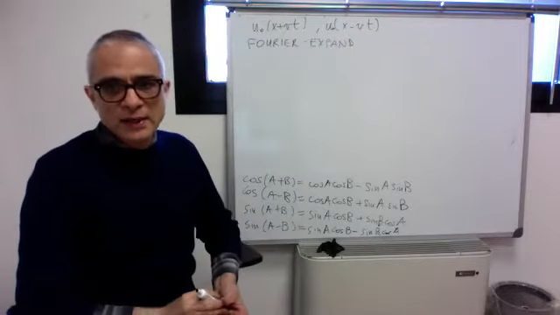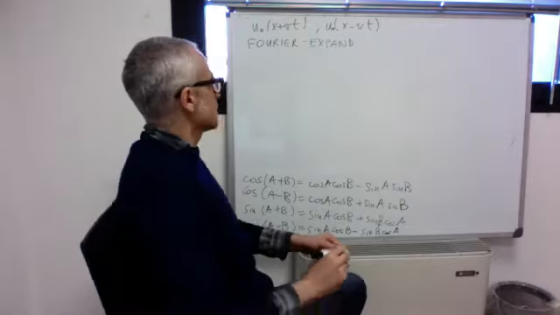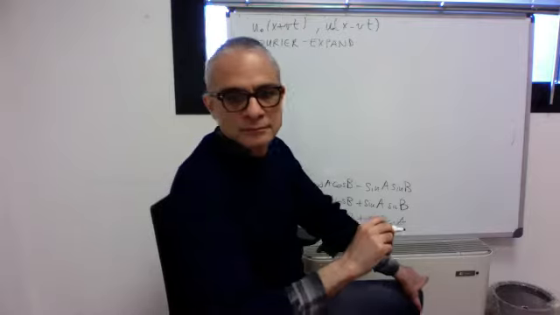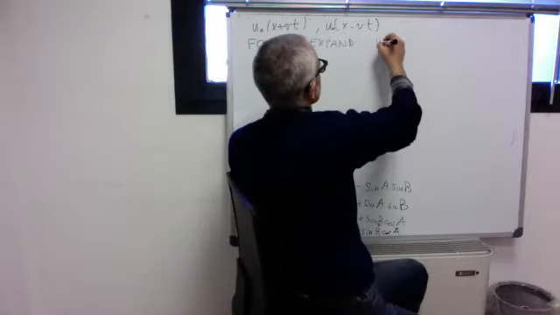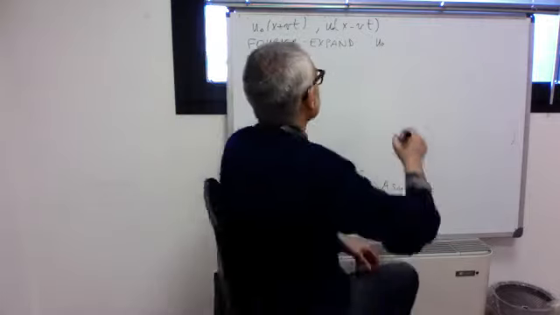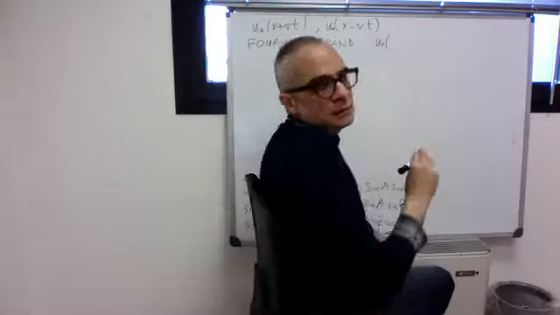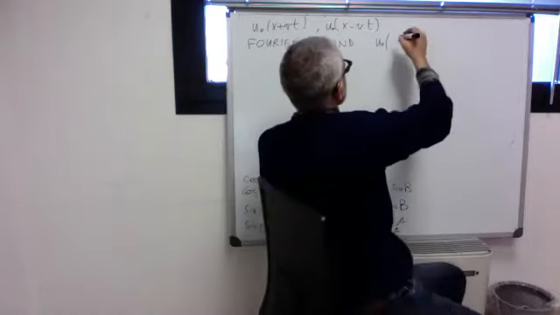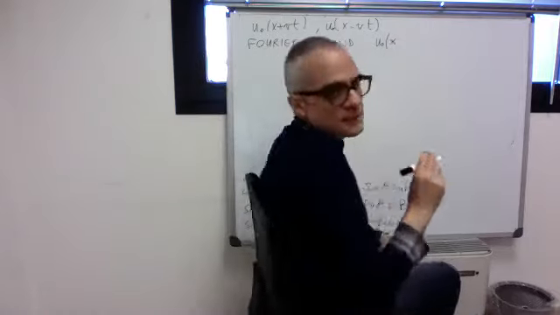And I'm just going to write the formula, which gives me u0 of, let's do it for the minus first. So u0 of x.